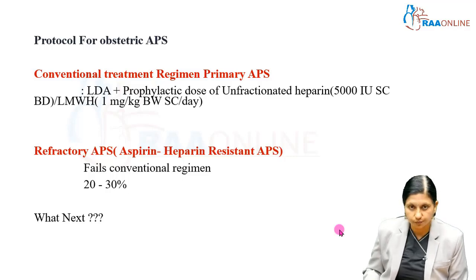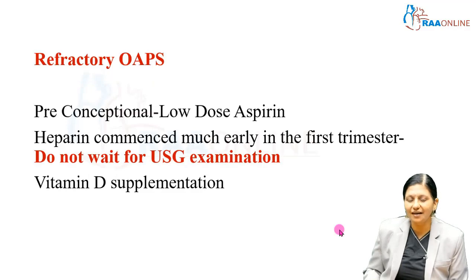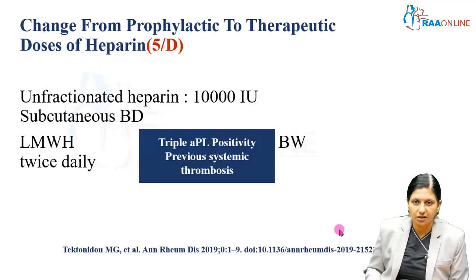So what should we do? In a refractory obstetrical antiphospholipid antibody syndrome, we have to give them preconceptional low dose aspirin, and heparin is commenced much earlier in the first trimester. We do not wait for the ultrasound documentation of fetal cardiac activity to appear and then start heparin. And they should also be given vitamin D in refractory obstetrical APLA syndrome.